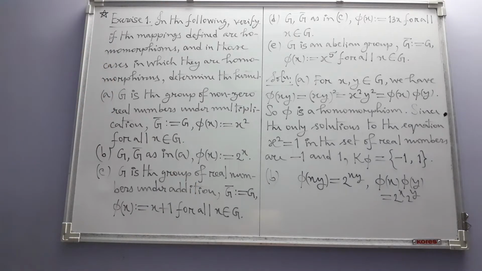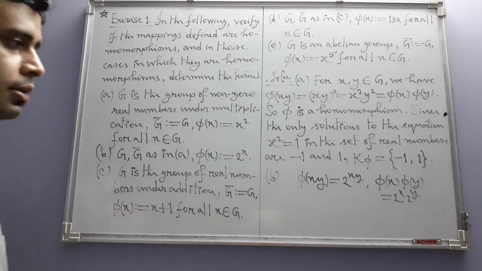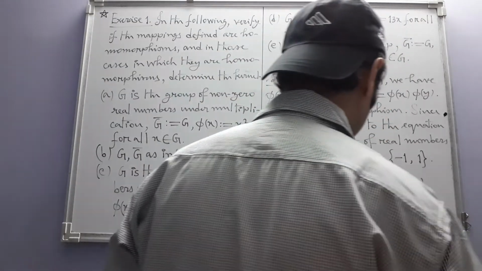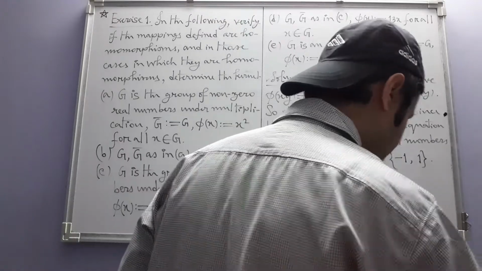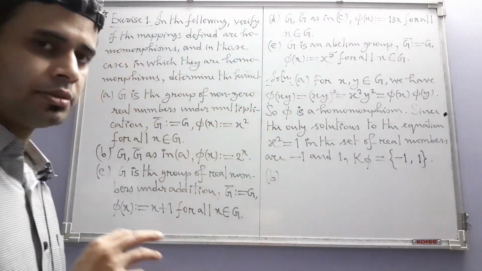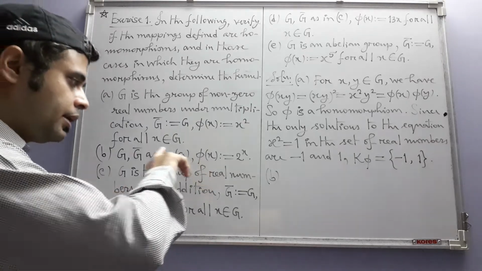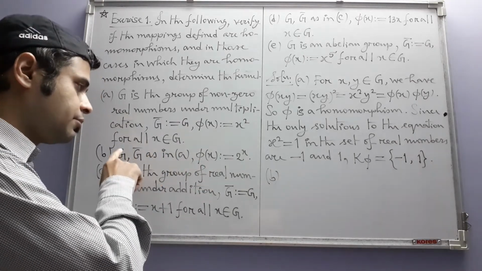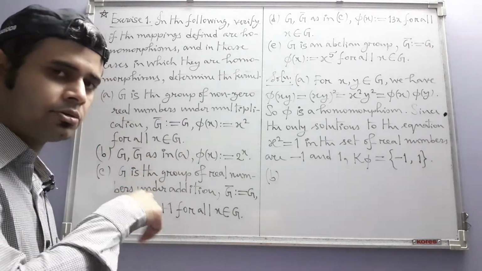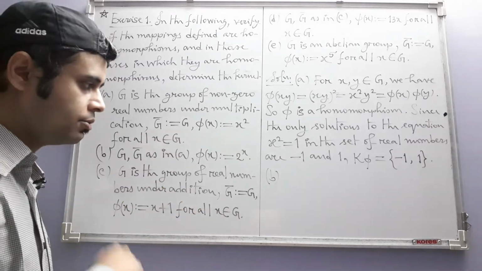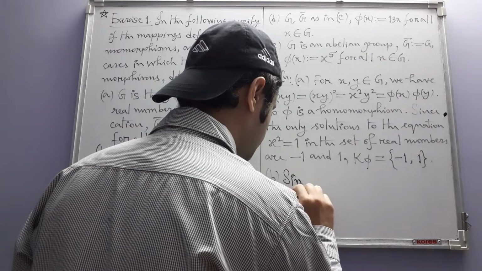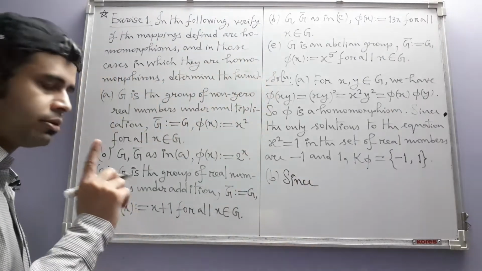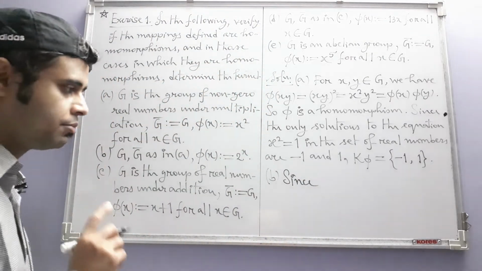So phi is really not a homomorphism, but a much better way of saying that is this. We know that one of the properties any homomorphism has is that it maps the identity element of the domain group onto the identity element of the second group. And in our case, both the identity elements are equal to the real number 1.